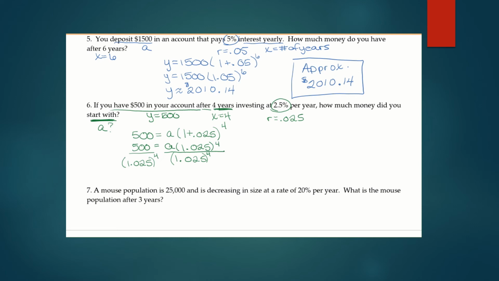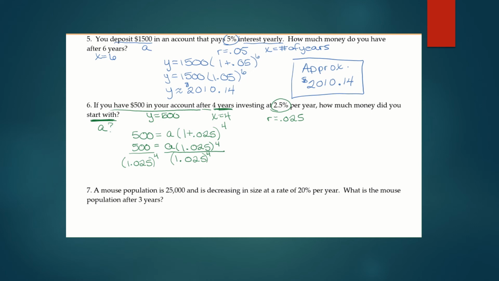All right, so let's plug that into our calculator, because 1.025, again, raised to the power of 4 is a very long decimal. So 500 divided by parentheses 1.025, close the parentheses, raised to the power of 4. If you have your graphing calculator, your Nspire calculator, you can absolutely use the fraction key just to make sure that you're plugging everything in correctly.